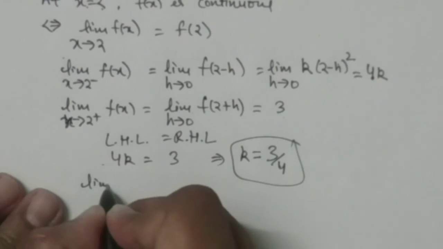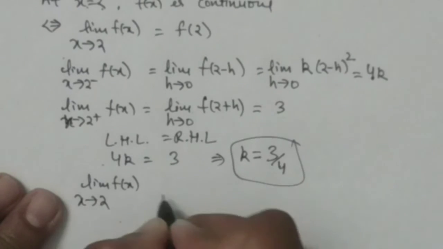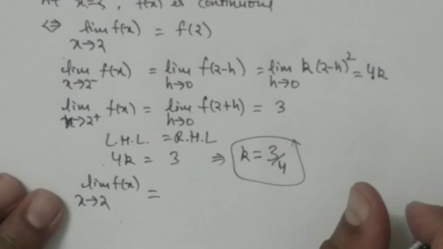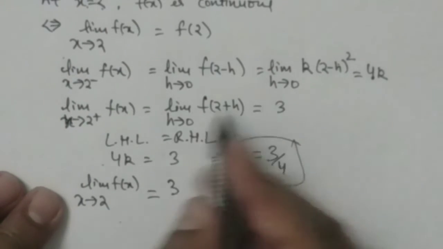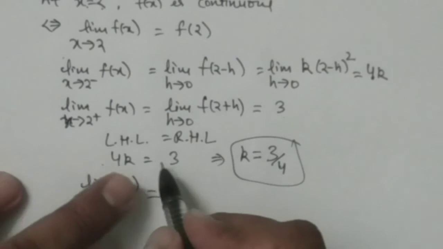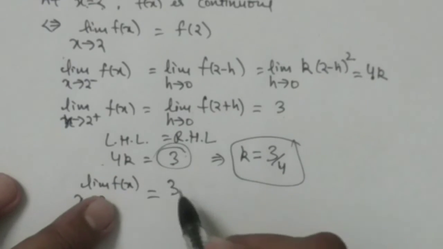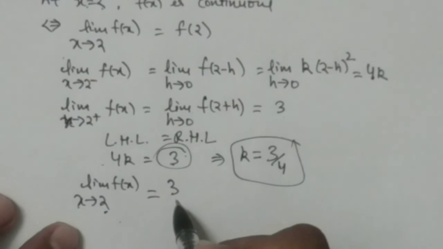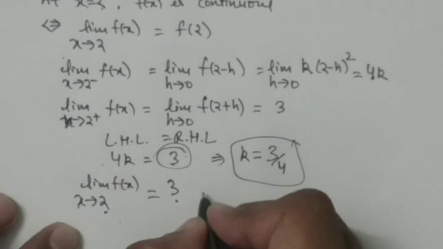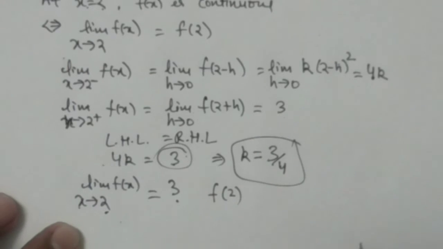So limit of f(x) as x tends to 2, it is what? It is 3, because you can see here left hand limit and right hand limit, both are equal to 3. So limit of f(x) as x tends to 2 is 3. Now what is the value of f(2), right?